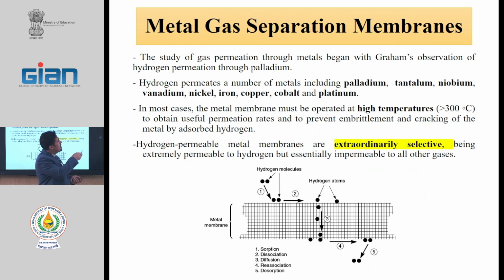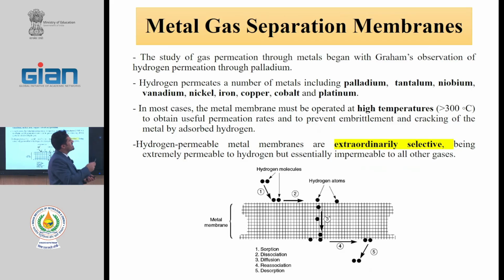In non-porous metallic membranes, only hydrogen can pass because hydrogen is very small and has the highest diffusion coefficient.